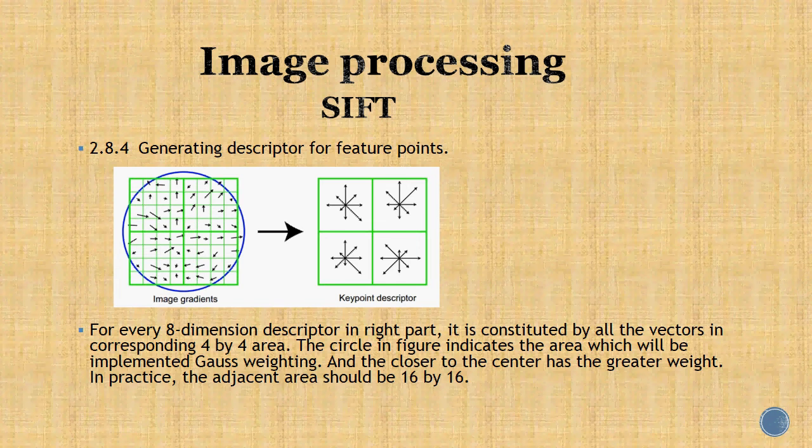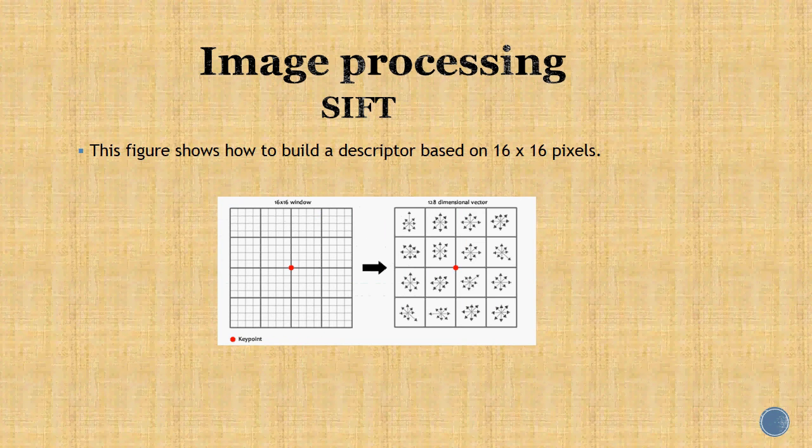For example, in an 8 by 8 window, we should generate 4 8-dimension descriptors. But in practice, we use the 16 by 16 window and generate 16 8-dimension vectors, which gets a 128-dimensional descriptor.